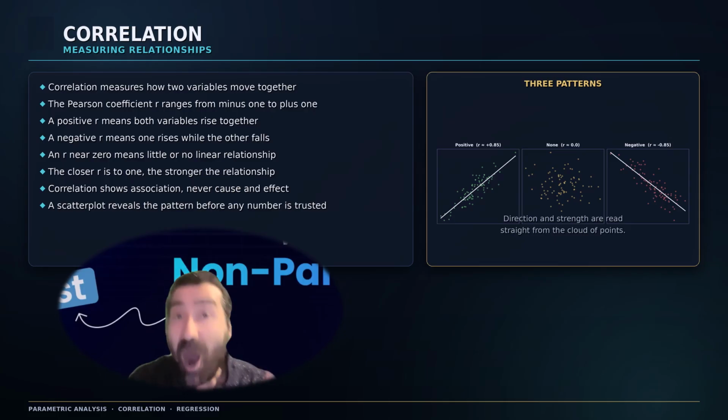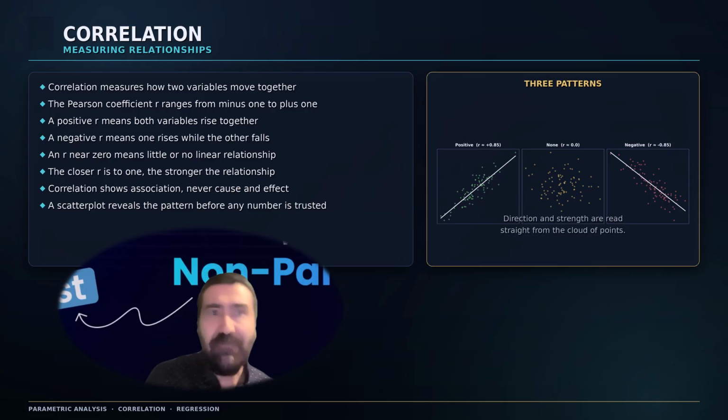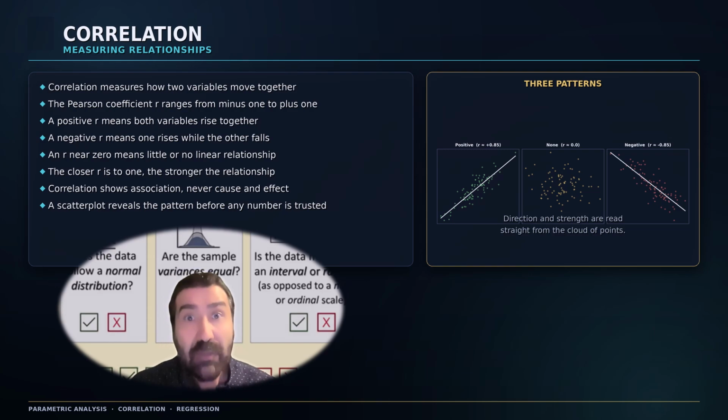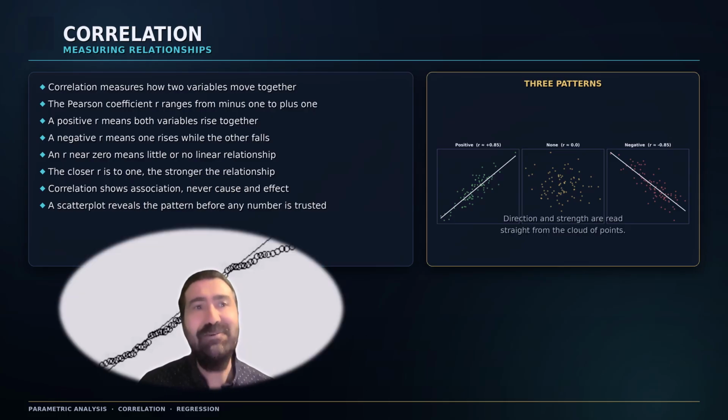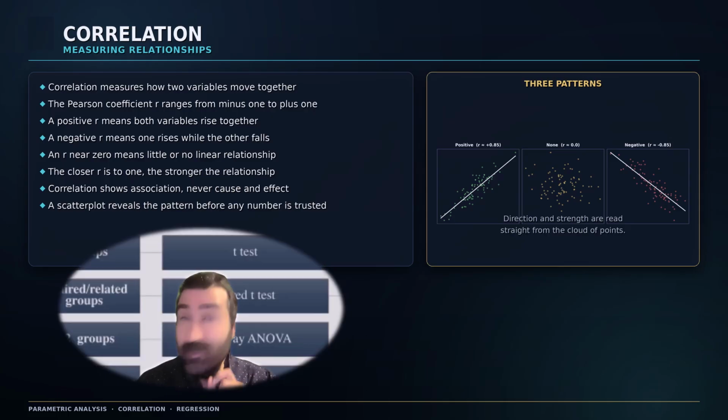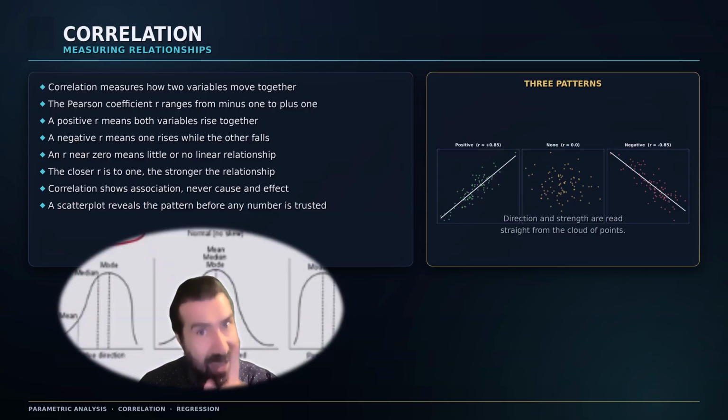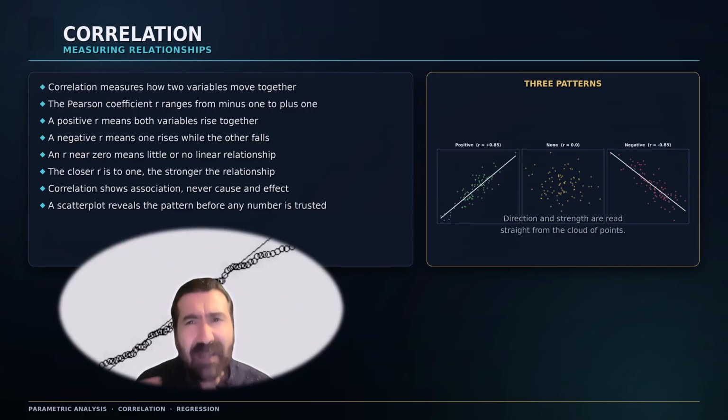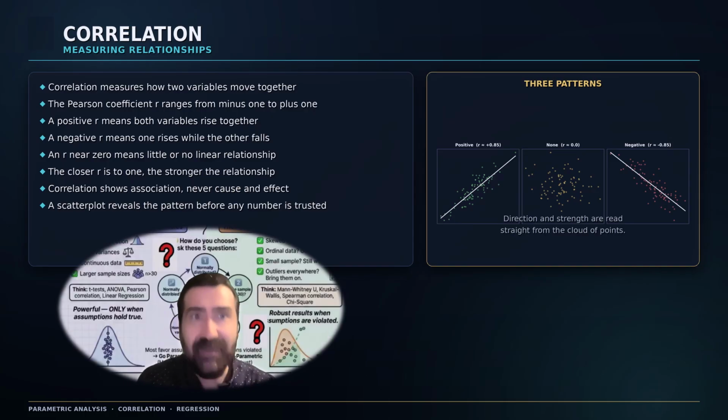Exercise and resting heart rate tend to move in opposite directions. Years of experience and salary tend to climb together. And an r sitting near zero tells you there is little to no straight line relationship at all. The two just are not really tracking each other. But here's the move that separates the careful analysts from the sloppy ones.